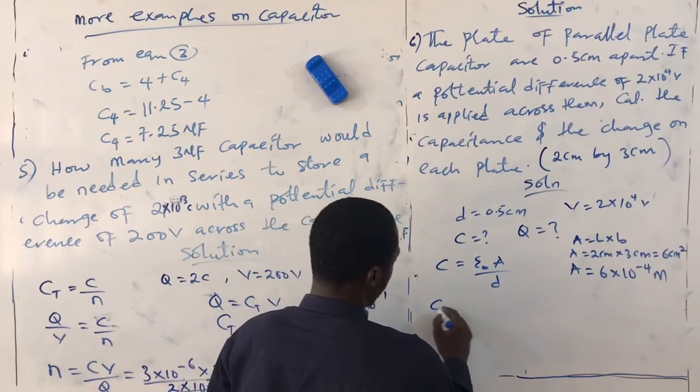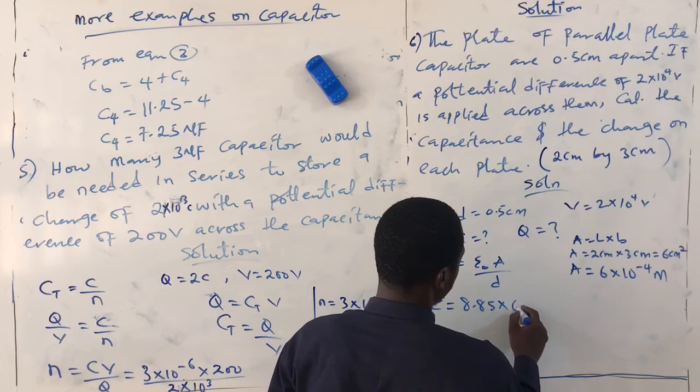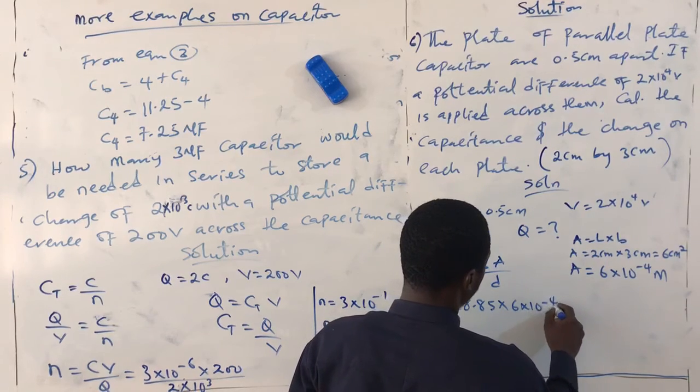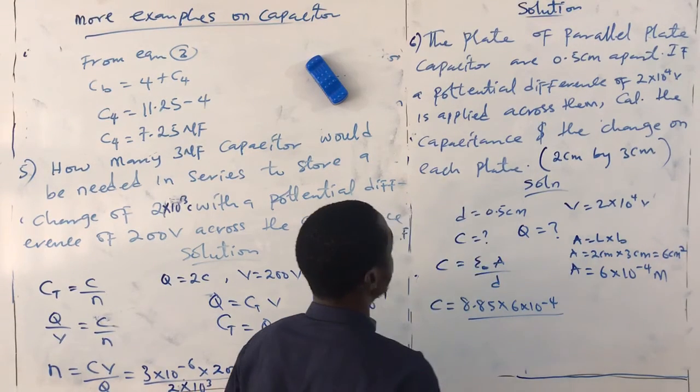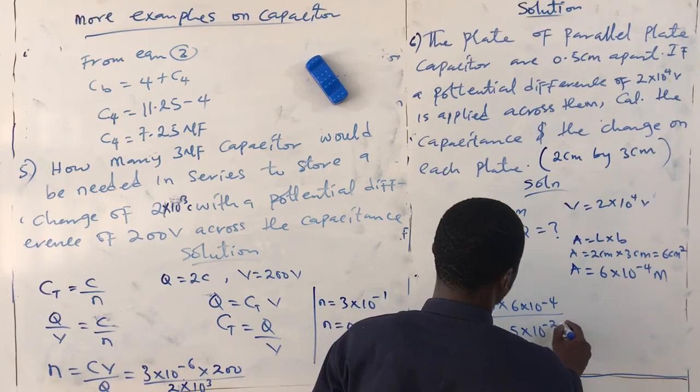So the capacitance will now be 8.85 times 6 times 10 raised to power minus 4 divided by the distance between them, which is 0.5 times 10 raised to power minus 2.